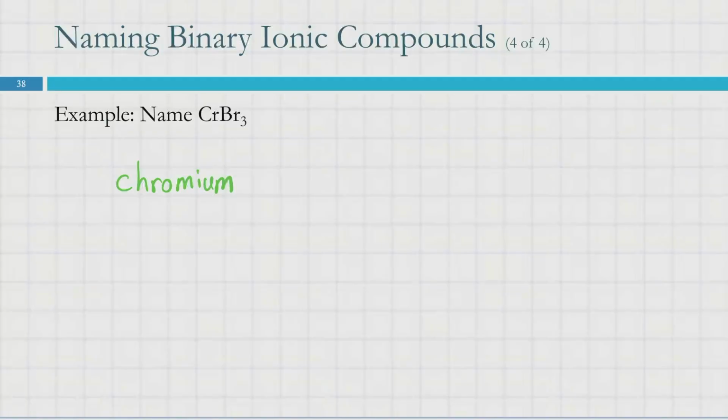So we're not sure what the charge is necessarily. It could be a number of different options. So just to give us a placeholder to remember that it could have multiple charges, we'll add in the parentheses now, and then we'll do the anion. Br is the symbol for what? Bromine. The base for bromine is brom, and then we're going to change the ending to IDE, just like we did with our other type of ionic compound.